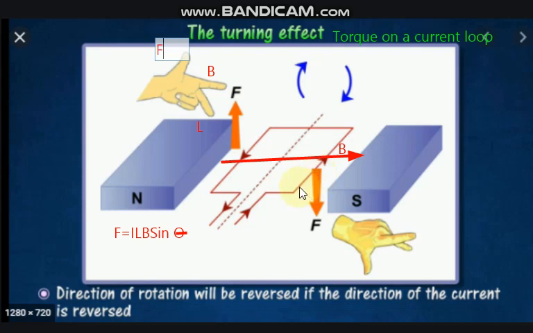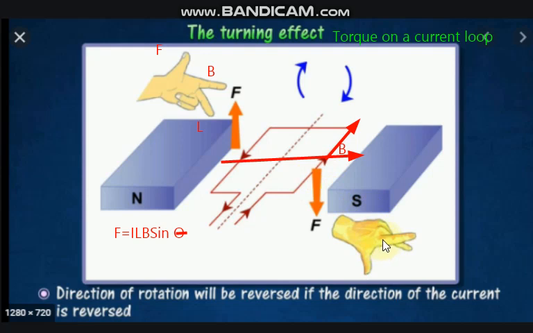which is carrying the current I in this direction, because current is flowing counterclockwise, so here the current will flow in this direction. That is, this will be the direction of the current in this segment. So how will you use the left hand rule to determine the force on this particular segment of the current loop?